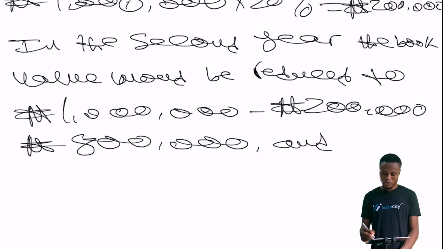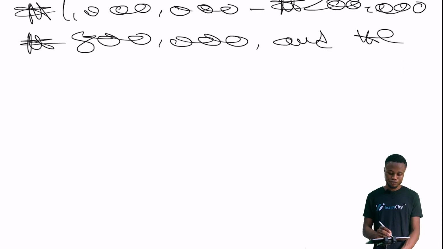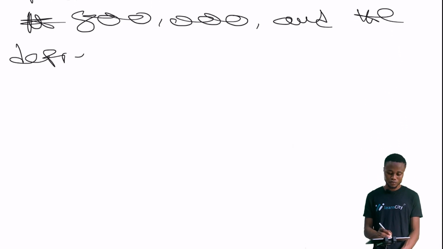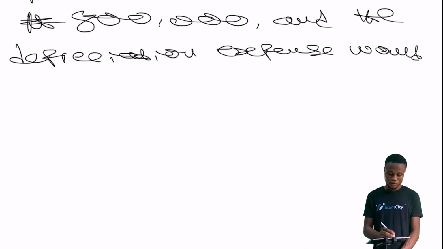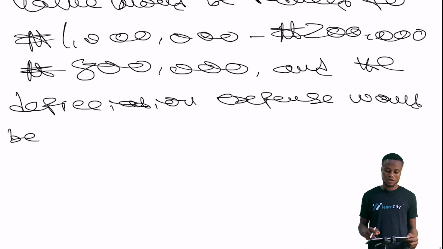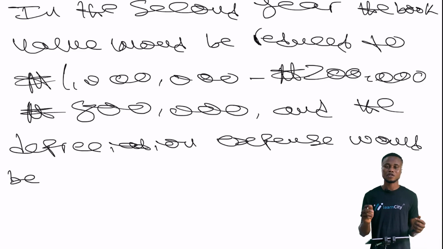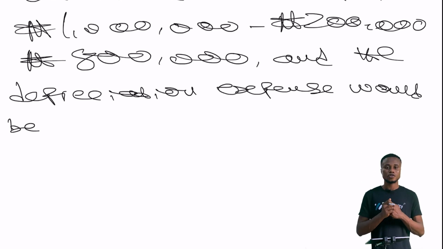And the depreciation expense would be, that depreciation expense in this instance is after reducing that 200,000 in the previous year from the actual cost of that machine. That 800,000 is the amount we are going to use now, multiplied by that percentage they gave us in our question, which is what? 20%.